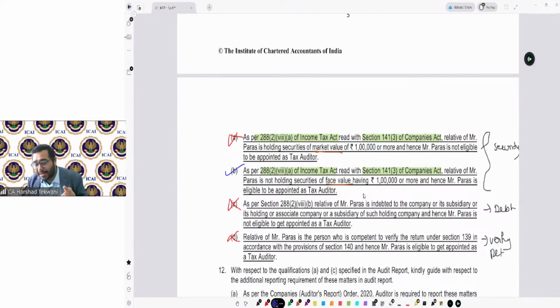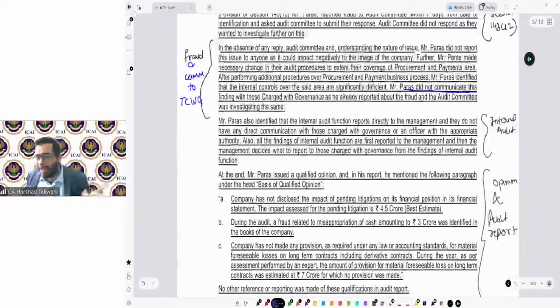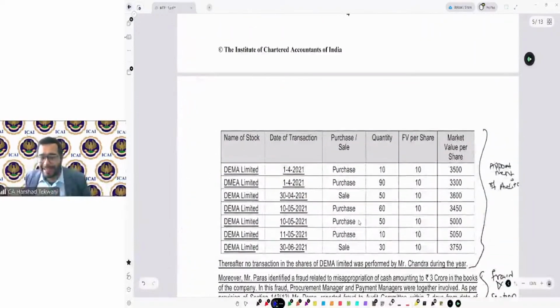But still, if you want, you can check the other way around. You can calculate whether the person is holding securities of more than 1 lakh.